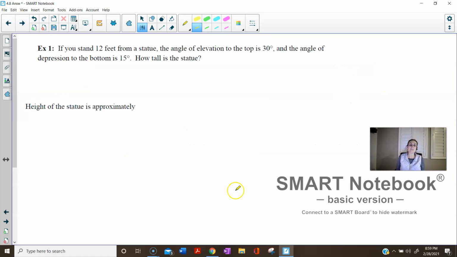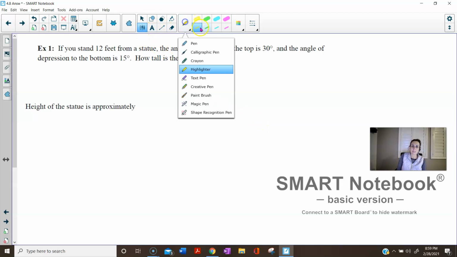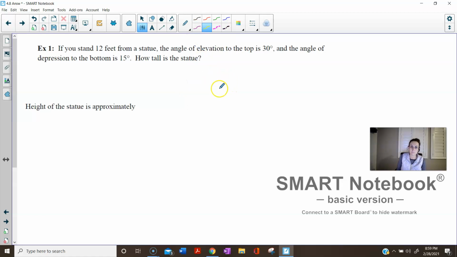So let's try a story problem. If you stand 12 feet from a statue, the angle of elevation to the top is 30 degrees and the angle of depression to the bottom is 15 degrees. So what I recommend doing is draw yourself a person.